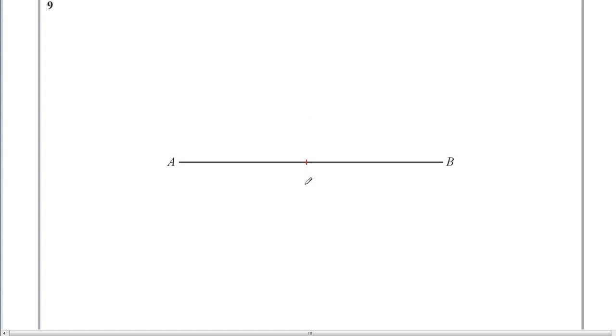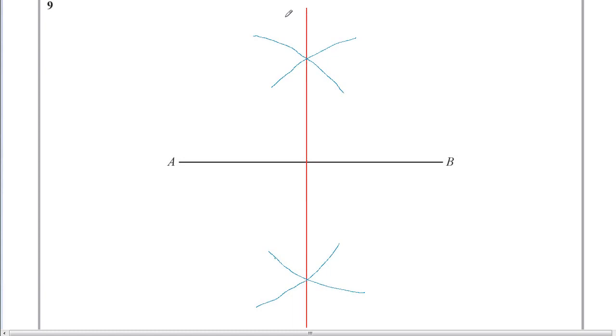I think the easiest thing to do is show what it looks like when it's finished and then show how that's constructed. Okay. And here it is. We have these construction lines here with compass and the bisector is drawn between where they cross.